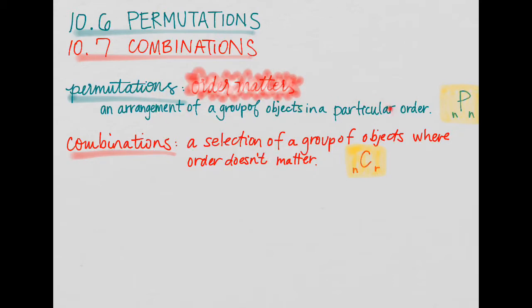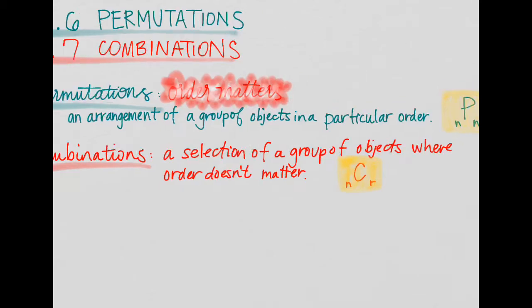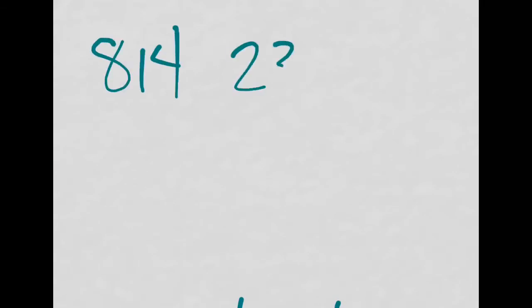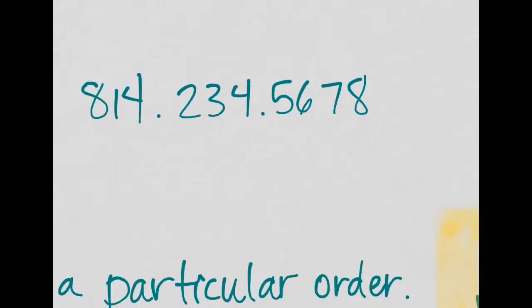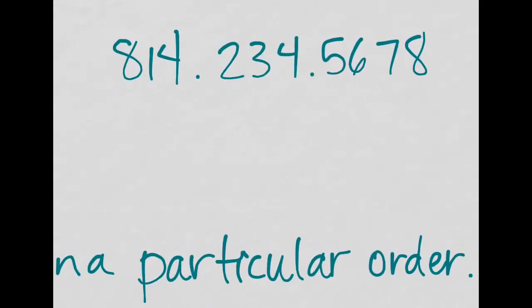Let's say you threw a bunch of numbers in. Let's say my phone number has all the exact same numbers as your phone number, right? So let's say someone's phone number is 81423456778. Convenient phone number, right? Well, hey, order doesn't matter.